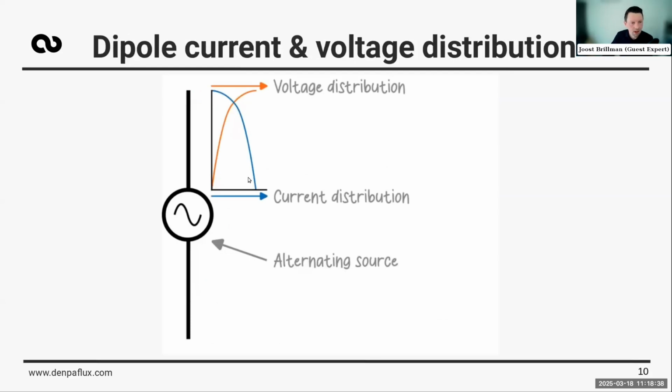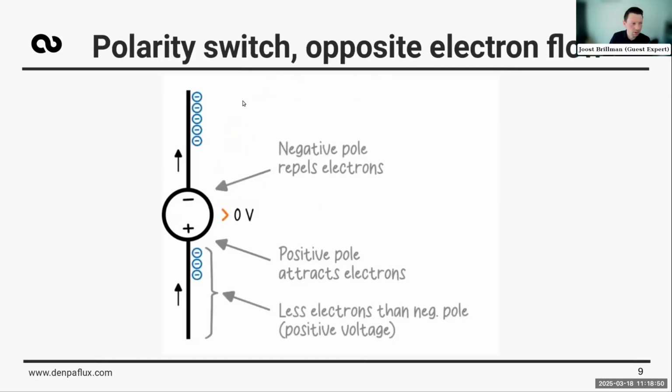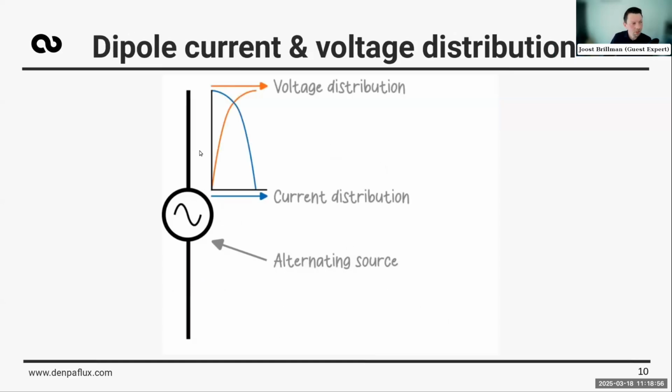If you then look at how the current and voltage look if you put an alternating source on this antenna. Here it was a DC source to explain what happens with the electrons, but now we're going to put a high frequency on here. You will start to notice that electrons are again repelled or attracted.